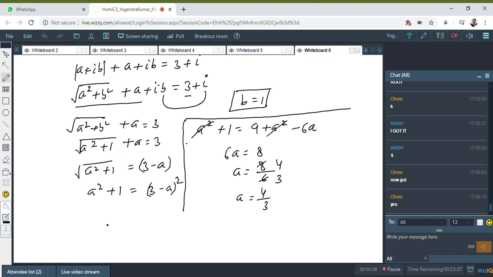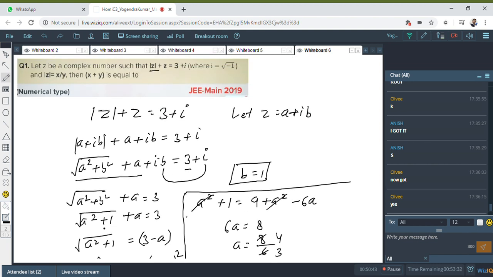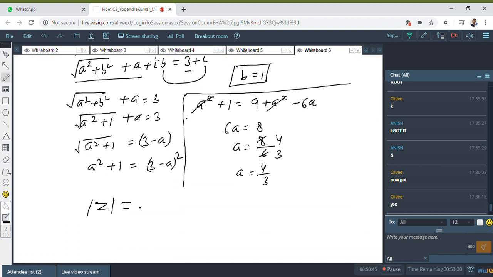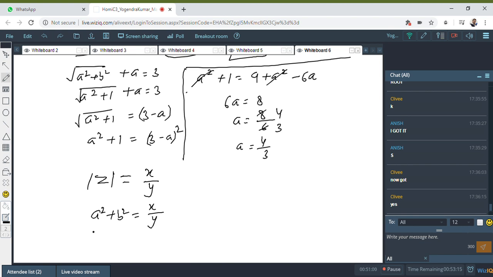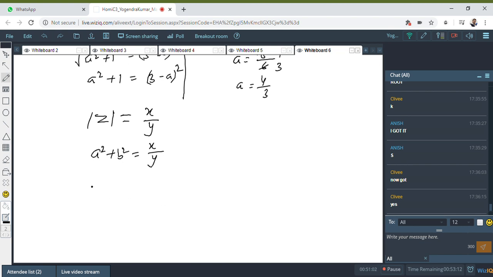Now what they have given: mod of z is equal to x upon y. Now mod of z is what? Square root of a square plus b square is equal to x upon y. So a square is what? (4 by 3) square plus 1 is equal to 1 square also you can write it.